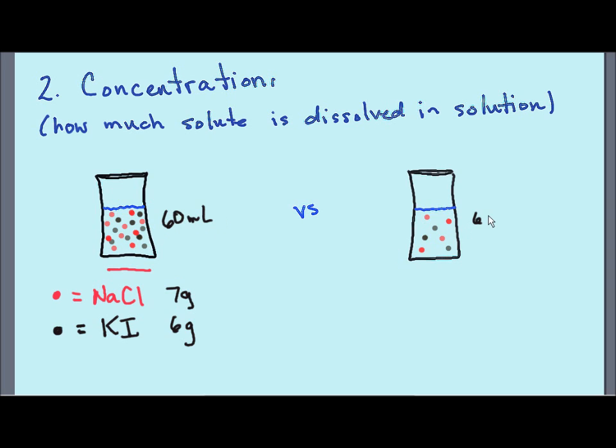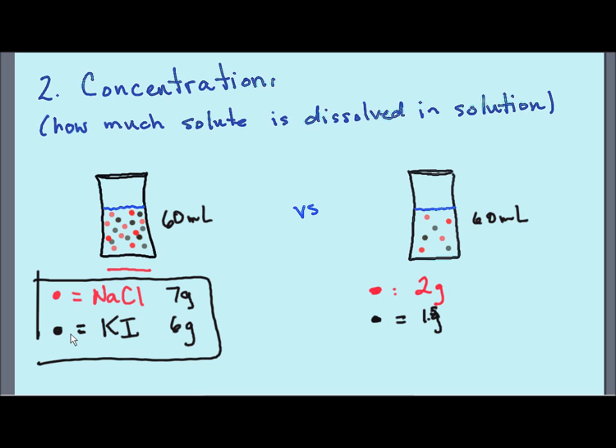Over here we also have 60 milliliters of water, but in this beaker we have 2 grams of sodium chloride, and our potassium iodide we have 1 gram, or let's say 1.5, whatever, it doesn't matter. So if you're going to make a prediction, which one do you think is going to happen faster? You guessed it, it's beaker number 1 over here on the left.